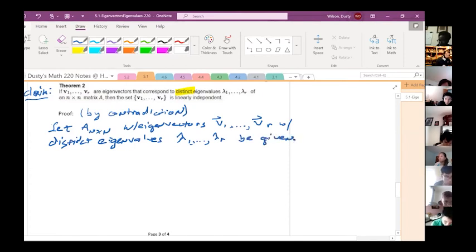Okay. So there's my let something be given. And so now we are going to suppose that these vectors are linearly dependent.